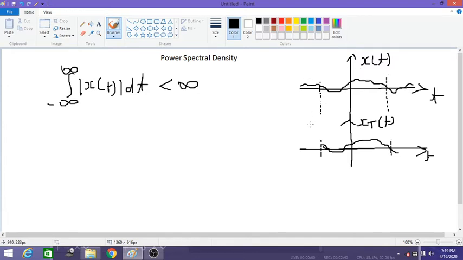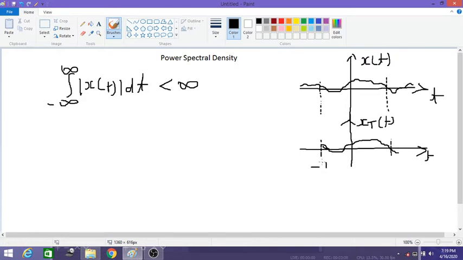In the practical case, there is no signal which is from minus infinity to plus infinity. Every signal has some start point and end point. Otherwise, nature is always infinite. It always exists before us and even after us. But when we take any data for recording, we start recording at some time and stop at some time. So likewise we consider the start time and end time.